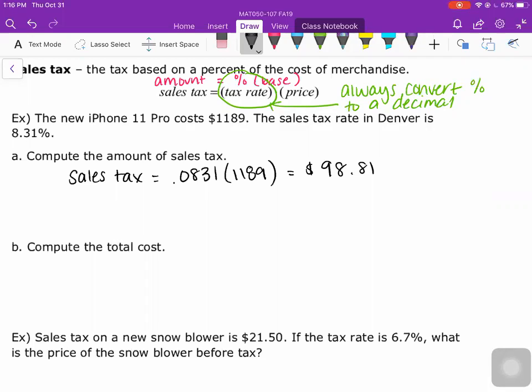Anyway, how would we determine the total cost then? Think about it again. The total cost, like, what the individual consumer is going to spend on this phone is going to be what?